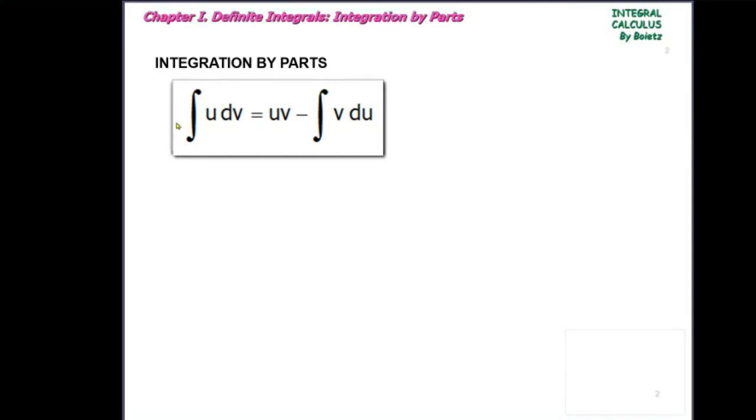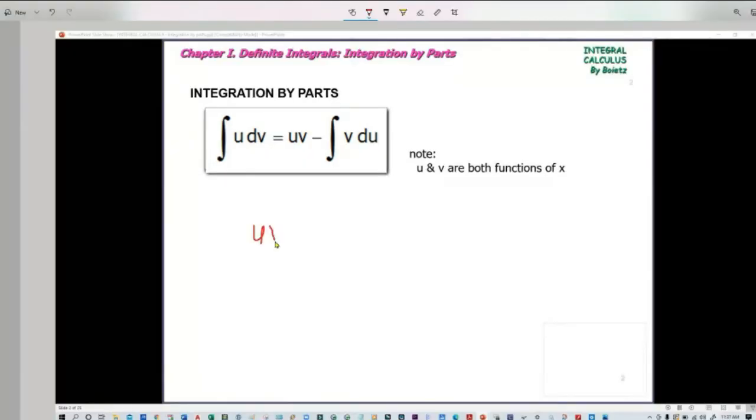Let's say the integral of u dv, where u and v are both functions of, let's say, x, or y, or z, etc., or theta. So yung u mo is a function, and then v is also a function of x. So ito u dv, by using derivatives, derivative ng product UV.